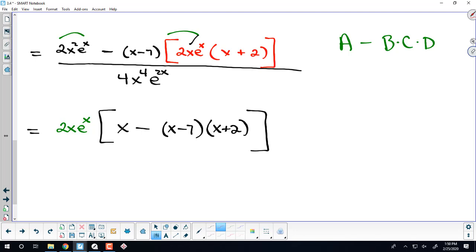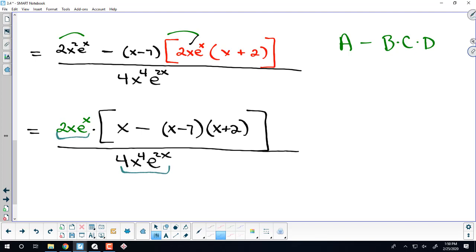Okay, so that's the top, still over the bottom. So now we can simplify what we have in green and what we have on the bottom, right? Because it's multiplied, we're going to simplify what we can by dividing these two things.